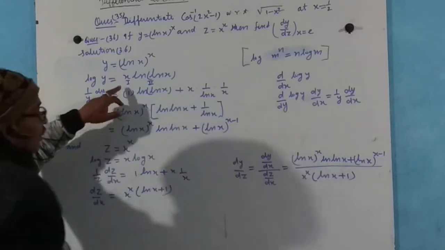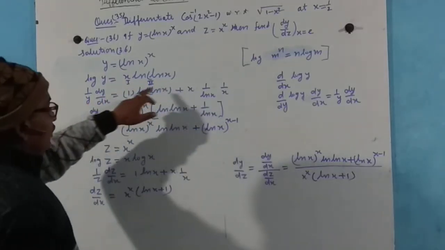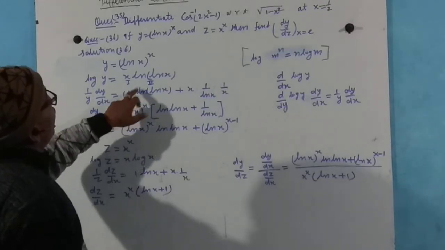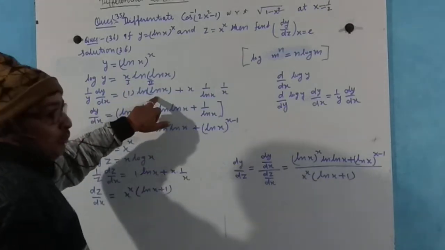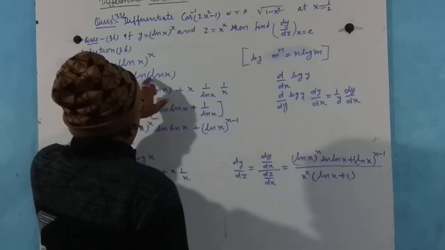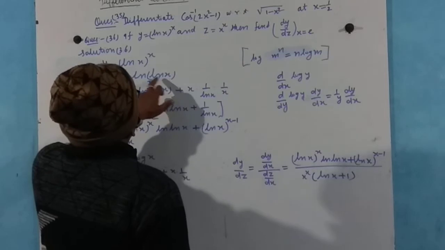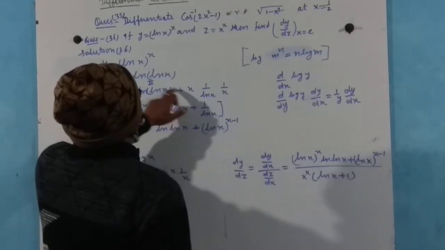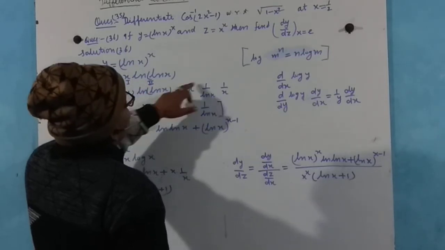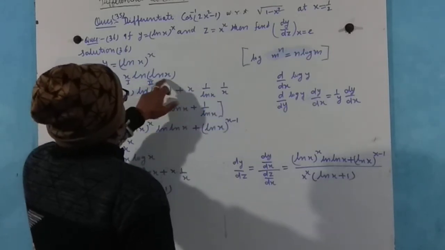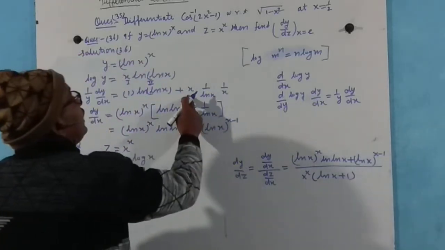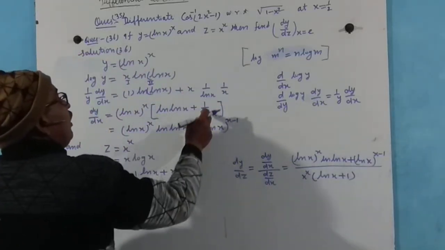Second term here, differentiation of a product: differentiation of the first, x, is 1 and the second remains the same, plus the first times d by dx of log of log x, which is 1 by log x, and log x with respect to x is 1 by x. x and x cancel, leaving 1 by log x.